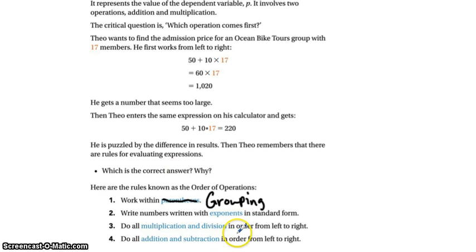Okay, that's important. We do it in order. So if the division comes first, we do that. And we do it in order from left to right. And then we do addition and subtraction in order from left to right. So essentially what we need to remember is that we do grouping, then exponents, then multiplication, division, and then addition, subtraction. All right, so go ahead and pause, get those down, and then we will continue.